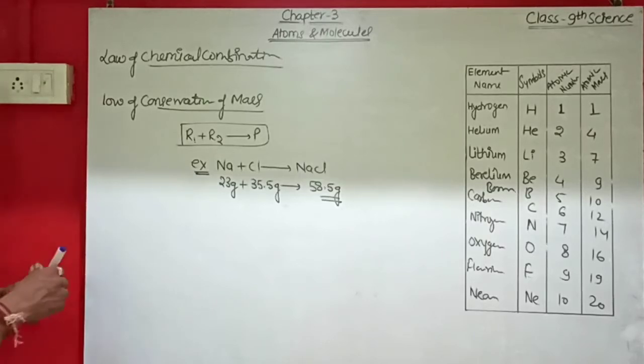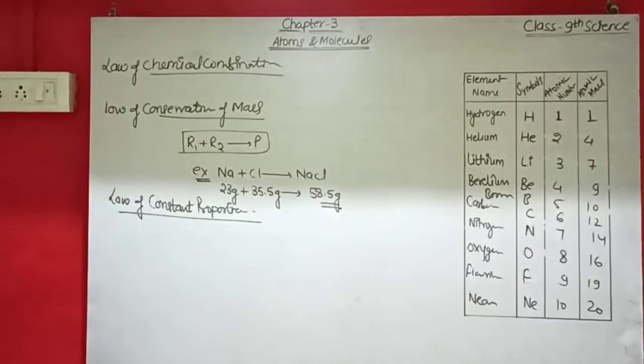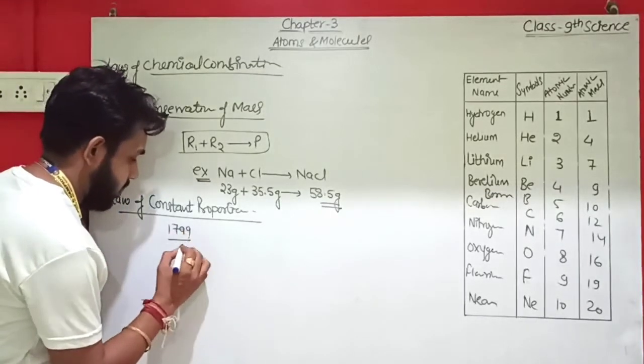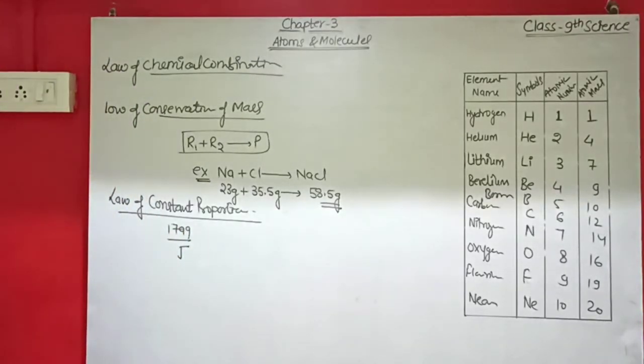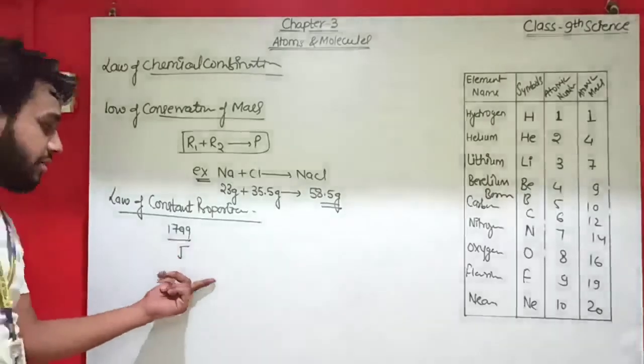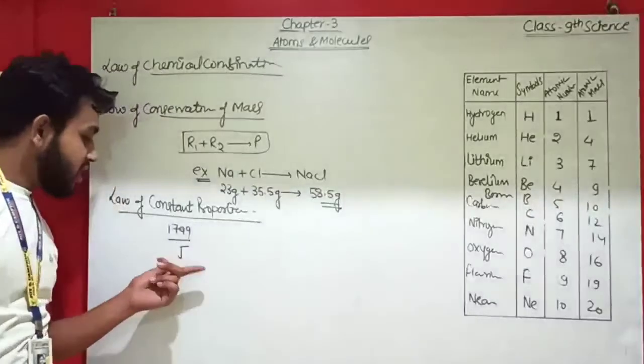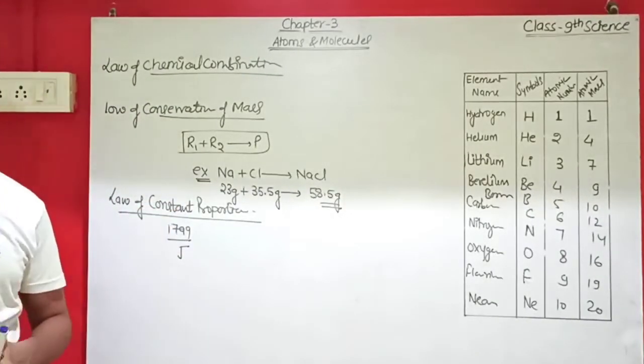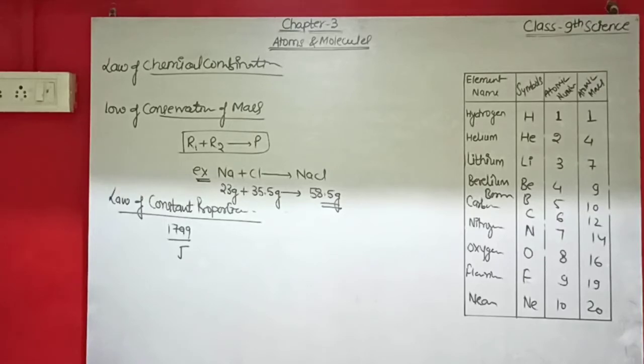Now next, the second one is law of constant proportion. In 1799, Sir J. Proust discovered the law of constant proportion. 1799 में सर जे प्राउस्ट एक केमिस्ट थे, उन्होंने इस रूल को दिया था और उन्होंने बोला था दिस लॉ स्टेट दैट a chemical compound is always made up of the same elements combined together in a fixed proportion by mass.